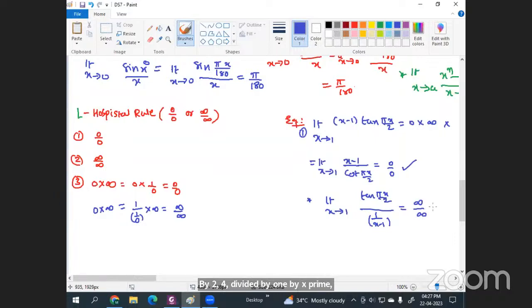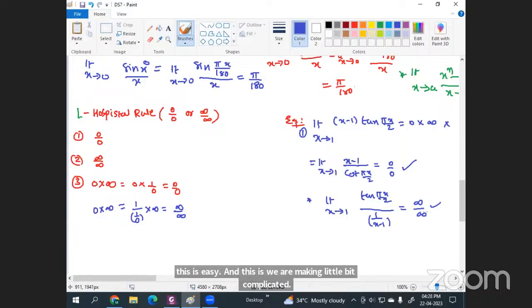Infinity by infinity, I can apply the L'Hopital rule now. Is it clear? So either way you can get the answer. But my advice is, whichever is easy to convert and easy to differentiate, try that way. So this is easy, and the other you are making a little bit complicated when bringing into one form to apply the L'Hopital rule.